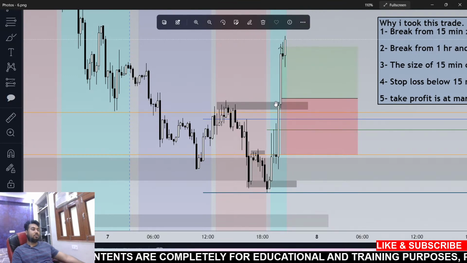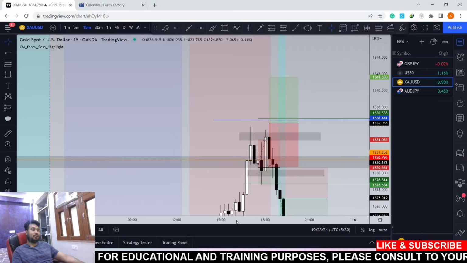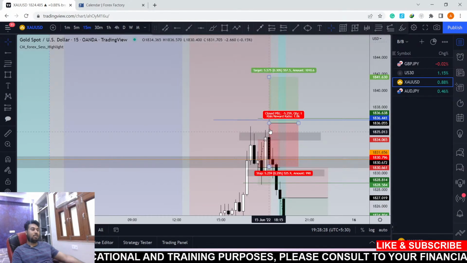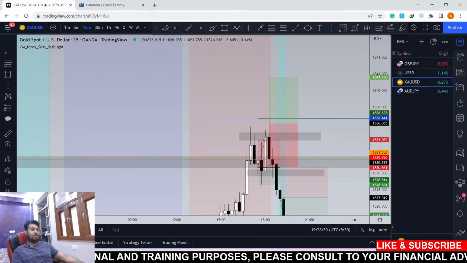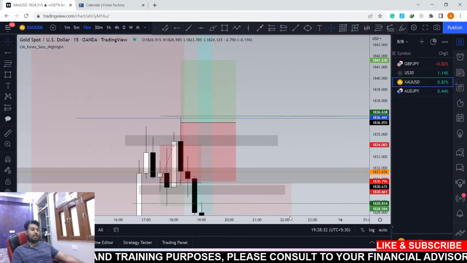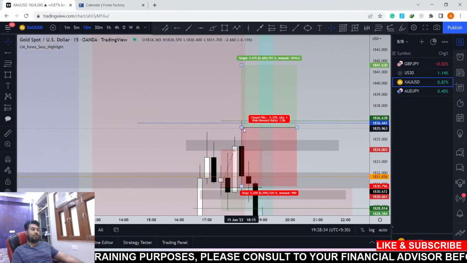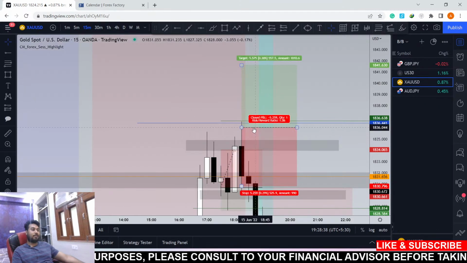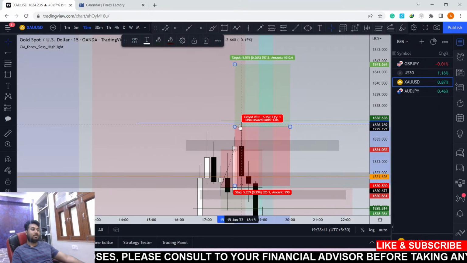It closed at the zone only, and I placed my entry around this area, and it went up sharply. I was expecting this sort of move from this candle, seeing that it was at the zone. You can also see that I had placed my entry far from this candle. This is a far entry.